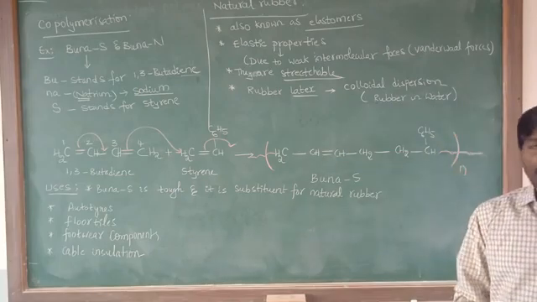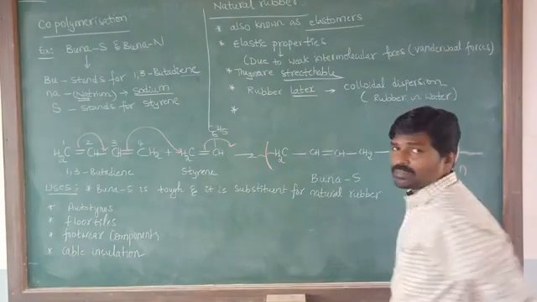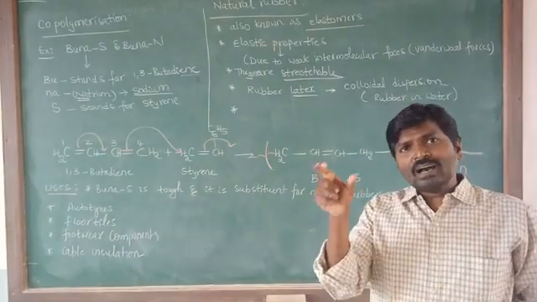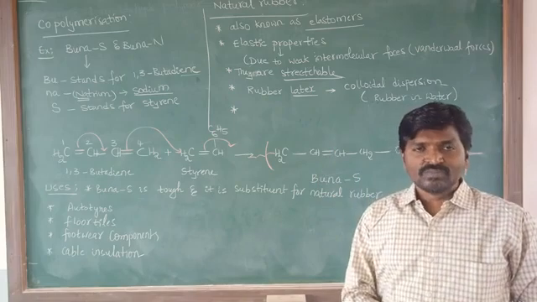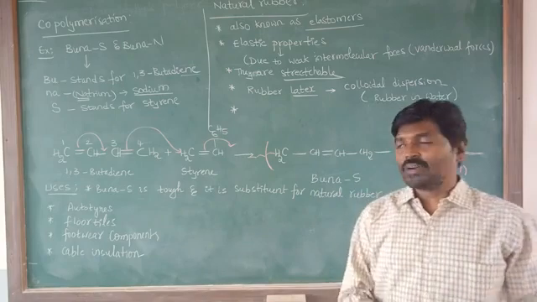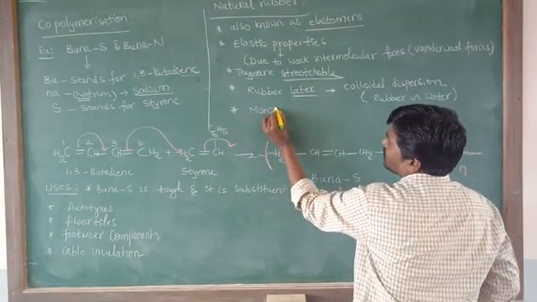Next, one more point I will tell you. In natural rubber, what is the monomer unit involved in the formation of this type of polymer? I'll write that monomer here.